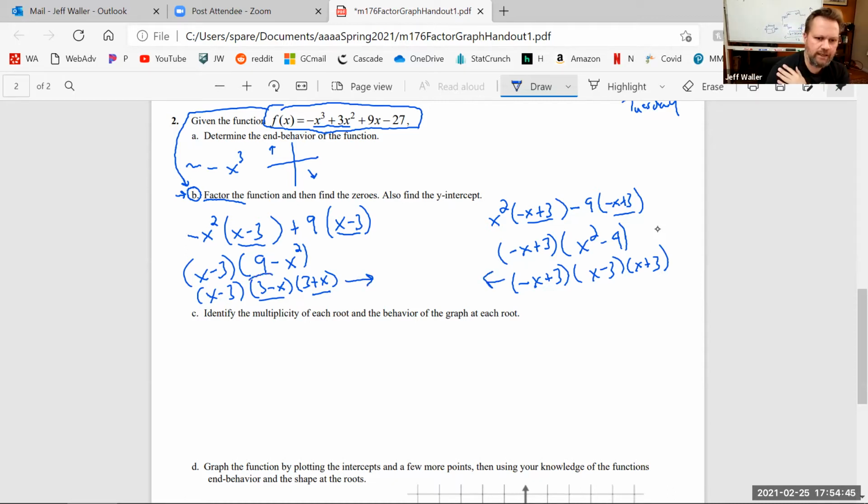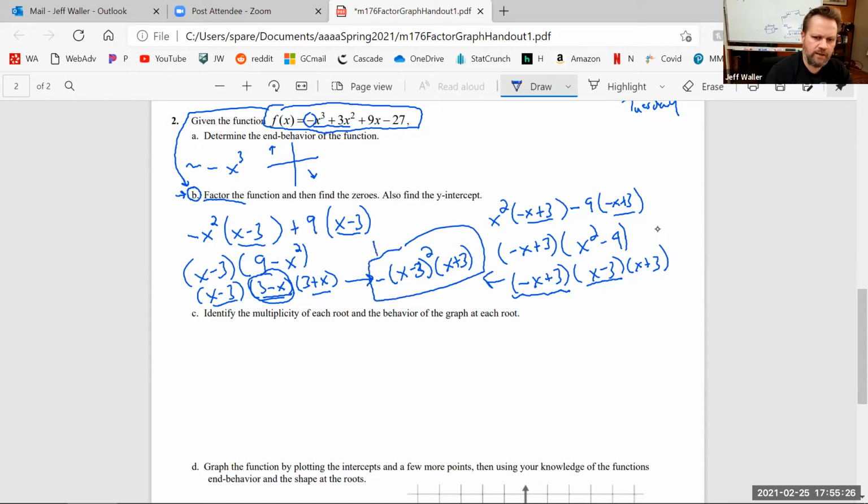If I take a negative out of this, then I'm going to have 2 of these and 1 of these. So over here, if I take a negative out of this, it becomes another one of these. Is everybody with me? That's why if you took the negative out in the very beginning, you wouldn't have to do something weird like that. The negative would have just come down all the way with you. Is everybody with me? So now I can see multiplicities better.